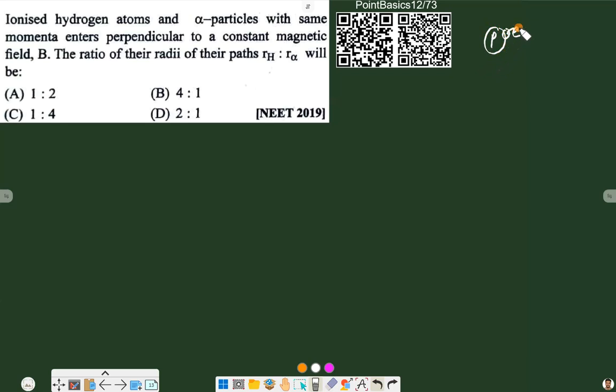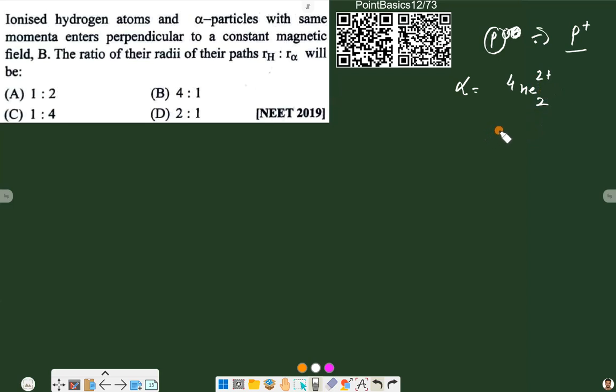If we ionize it, if we remove the electron, we are left with just a proton with mass equal to the proton mass and charge equal to 1 unit. And the alpha particle is an ionized helium nucleus, so it has a mass equal to 4 times the proton and a charge equal to 2 times that of the proton.